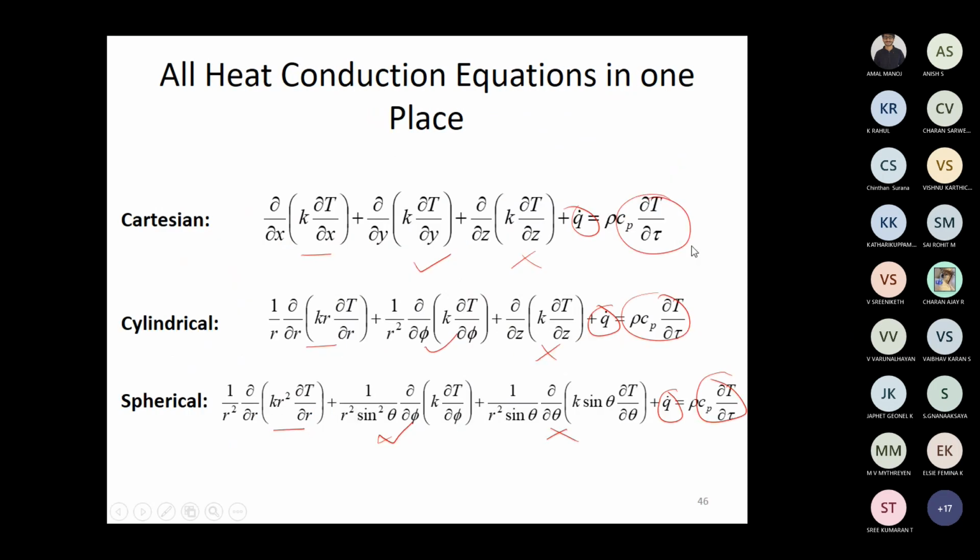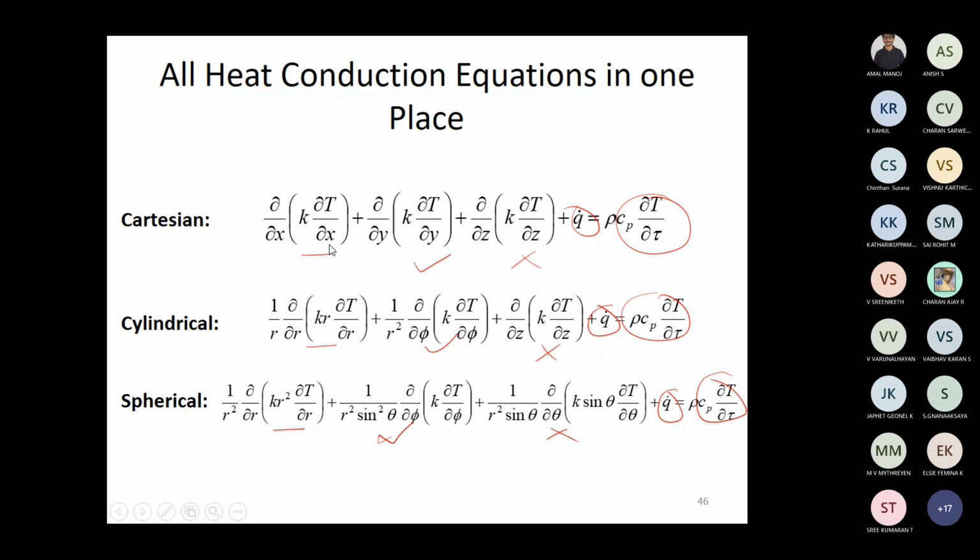That means you need what are called the boundary conditions. Similarly, you see this dou T by dou tau. To solve for this temperature with respect to time, you will have to integrate this once, which means that you will get one constant with respect to time. That is called the initial condition in calculus. So you will need one initial condition to take care of this term, and two boundary conditions to take care of this term.